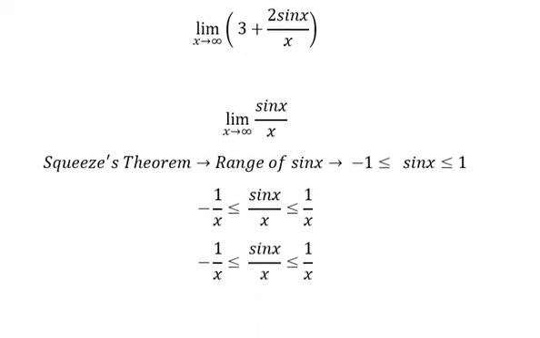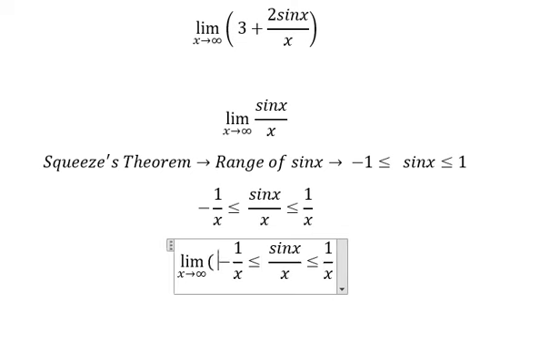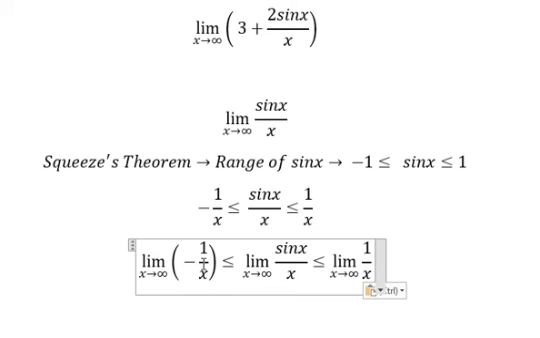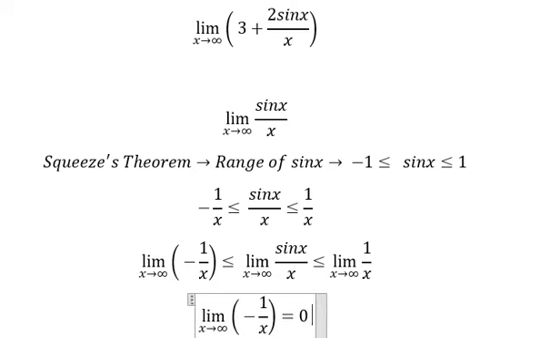Next, we take the limit on both sides. We know that when x approaches positive infinity, 1 divided by positive infinity gives you 0.